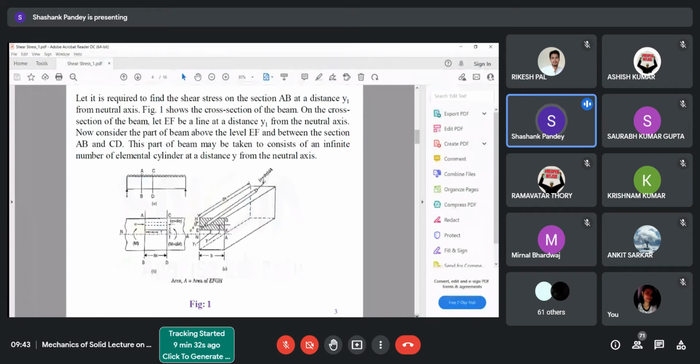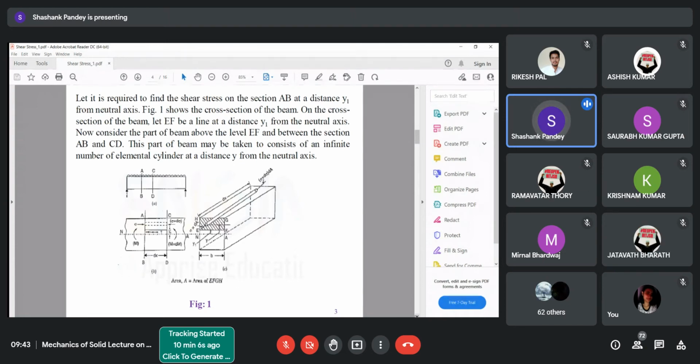So we are taking the area above this line EF, or we are considering area EFGH. This is the cross sectional part, and the length we are considering for our derivation is between AB and CD. This is the differential length, that is dx. Now consider the part of the beam above level EF and between sections AB and CD.